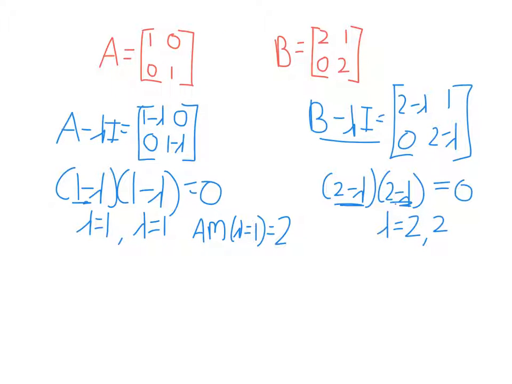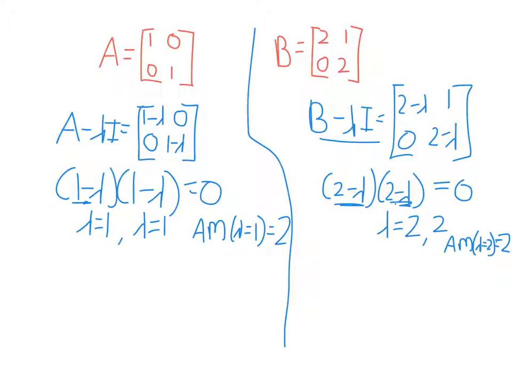So lambda equals 2 is a repeated root for the second matrix, so again, it has algebraic multiplicity of 2. So the algebraic multiplicity of eigenvalue lambda equals 2 is 2 because it is a double root of the characteristic polynomial. So let's go ahead now and find the eigenvectors for each of these matrices.